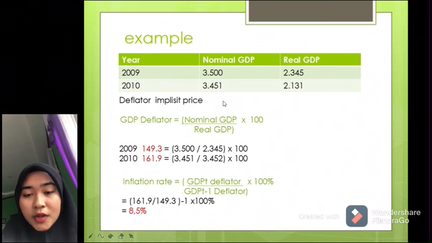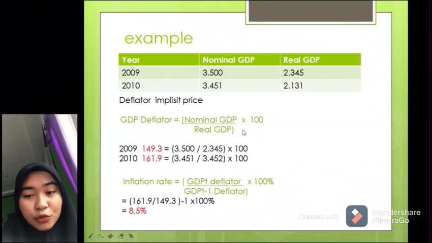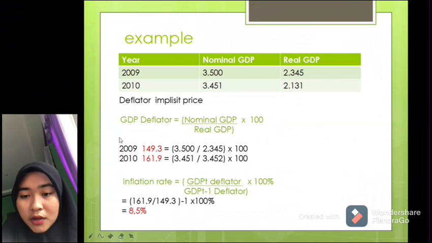So, the GDP deflator, the implicit price deflator, the formula is nominal GDP divided by real GDP multiplied by 100.